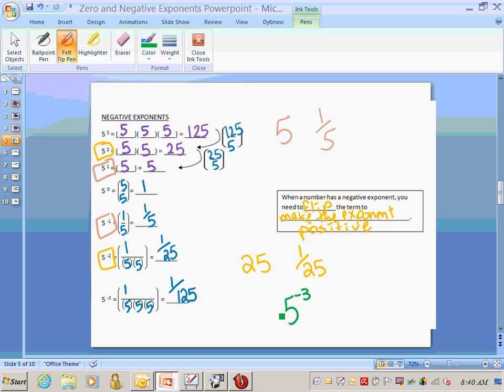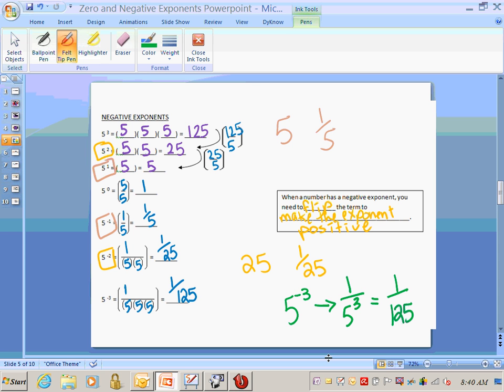In math, we don't like negative exponents. We don't want to leave them negative. So I want you to flip that number. If I have 5 to the negative 3, that's very close to 5 cubed, right? But this would be the same thing as 1 over 5 cubed. Yes? So this is 1 over 125. Do you guys see what I'm talking about?